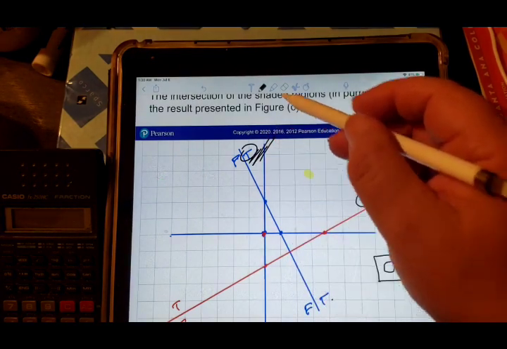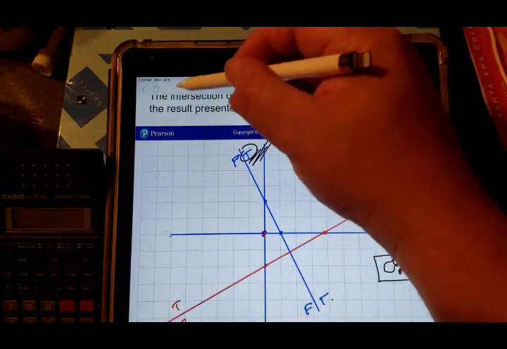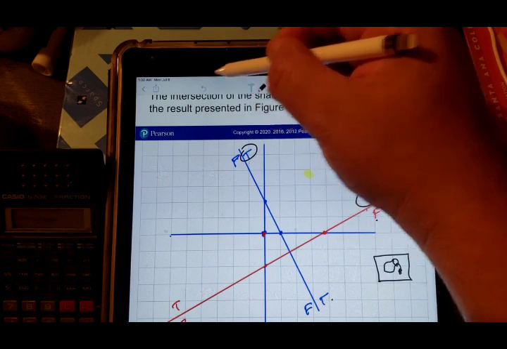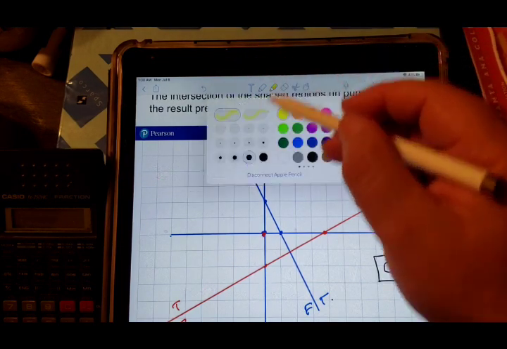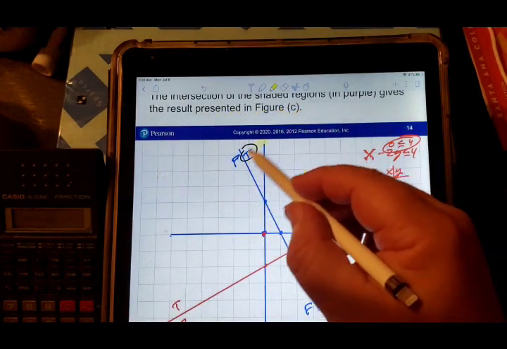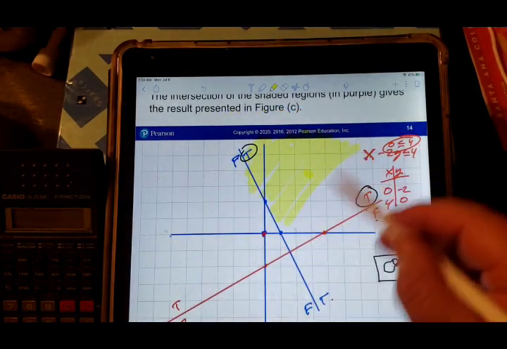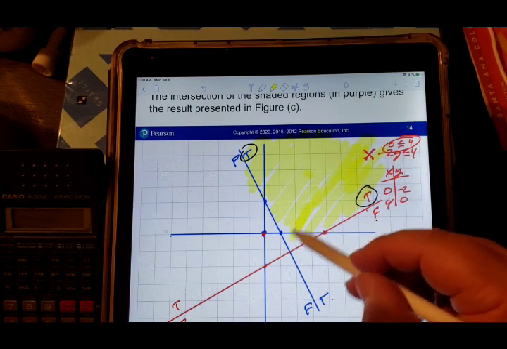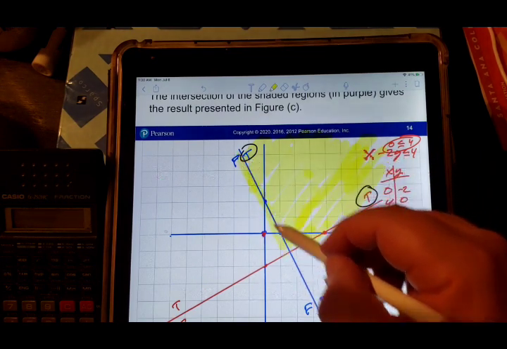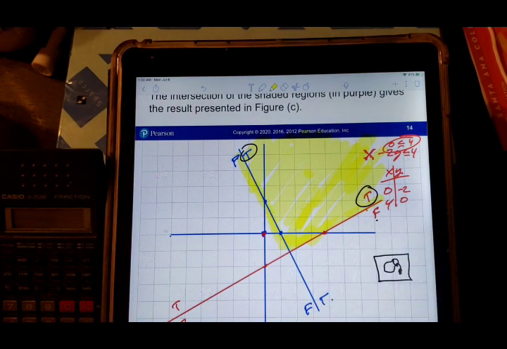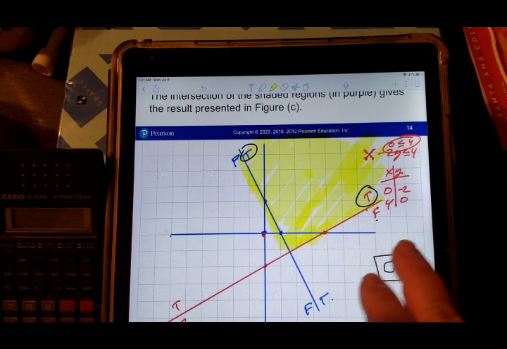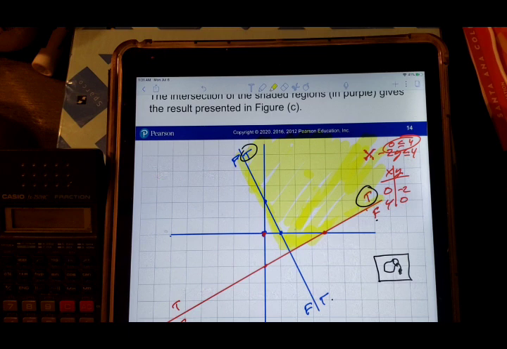So you click here, and I got the wrong pen. The computer will do this for you if you just tap it, and it will hug those boundary lines that you created and shade that entire region. So you do have to draw the lines first before you can do the shading.